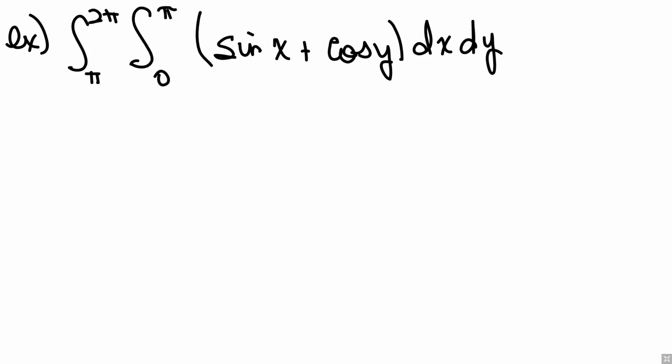All right, so let's take a look at this example. The first thing we're going to do is integrate with respect to x. So we're going to have the integral from pi to 2 pi. When you integrate with respect to x, what did you get?